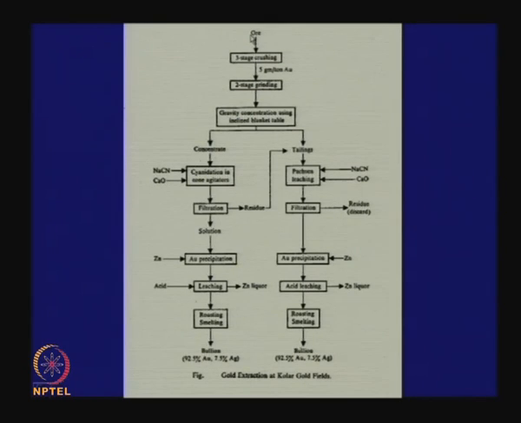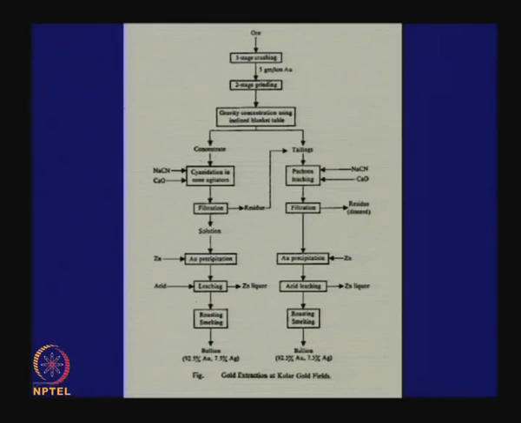It will need a lot of crushing and grinding, because unless we bring it to a very fine particle size, we will not be able to release the gold particles. And please remember, we use the word crushing for bringing down the particle size to some size, and below that we talk about grinding. Basically, both crushing and grinding mean size reduction or comminution.